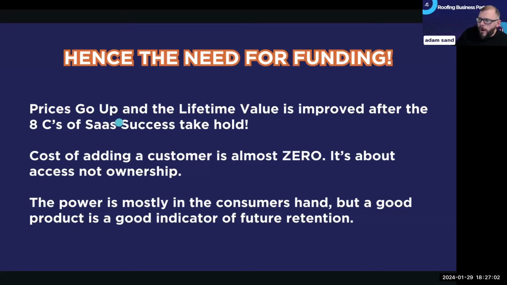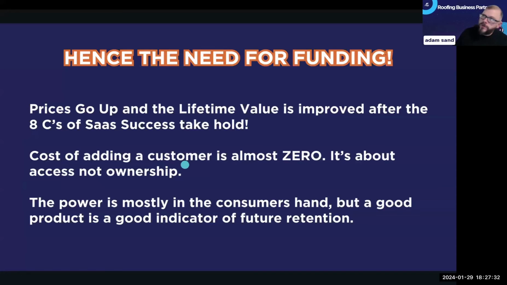So the prices go up over time and the lifetime value is therefore improved. And so what do they do to make the prices go up? They focus on the 8 C's of SaaS success, right? Because for them, outside the cost of acquiring a customer, the cost of actually adding you is almost zero. It's pennies, right? It's kind of like how Iran can sell gas at 8 cents a liter, but by the time they get that gas to America, it's going to be like $4.